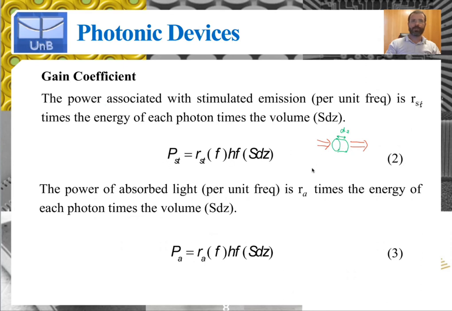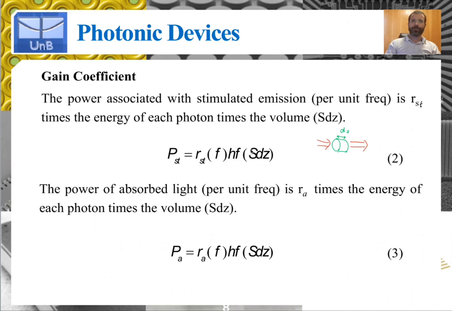Now we're calculating the power associated with light that is emitted by stimulated emission, and we've seen that the rate of stimulated emission is the total number of photons generated by stimulated emission per unit time, per unit frequency, and per unit volume.